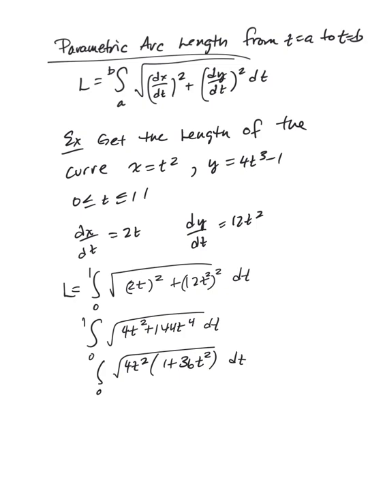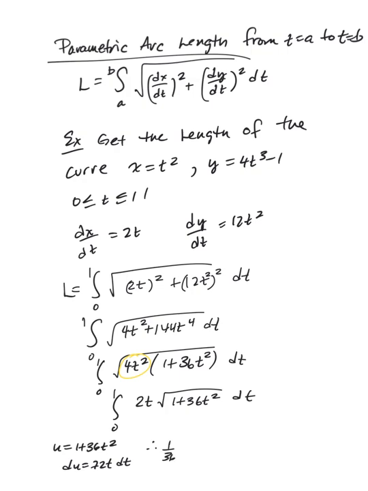But when I get the square root of 4t squared, that's just 2t. So now you can see I have a higher power underneath the square root. That allows me to do a u sub. So I let u equal 1 plus 36t squared. du is 72t dt. Therefore, 1 over 36 du is 2t dt.